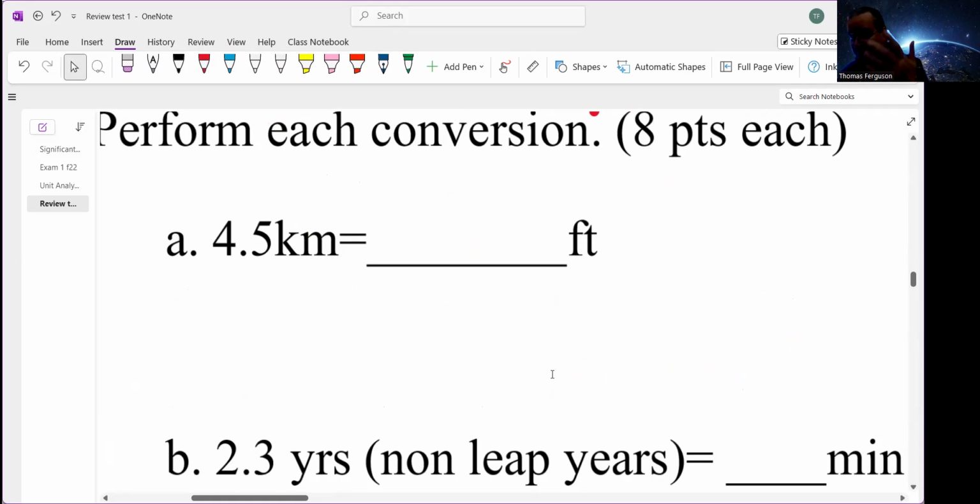Now we're doing basically the same thing. Kilometers to feet. Okay. The way I would think it would be kilometers to meters, meters to centimeters, then use the 2.54 centimeters per inch. Wait a minute here. Let me see.